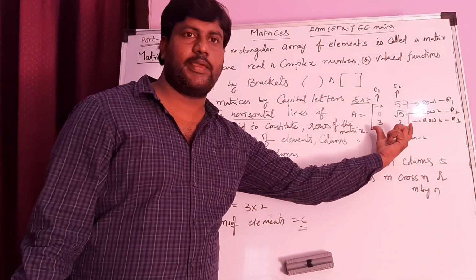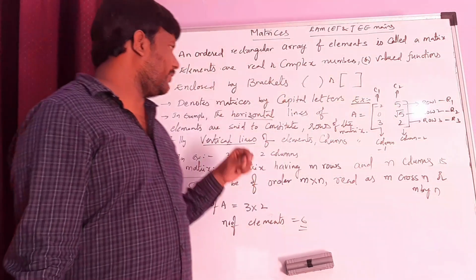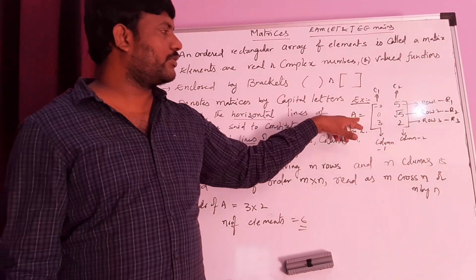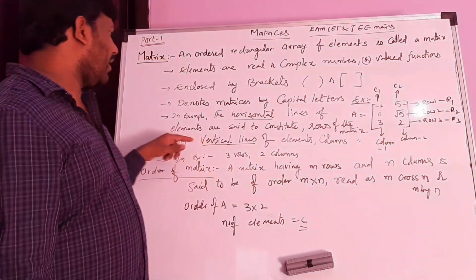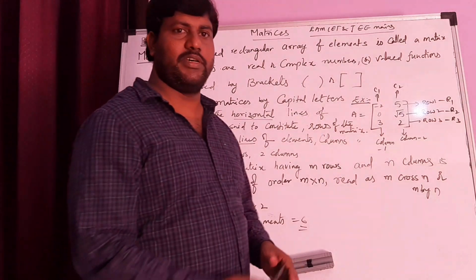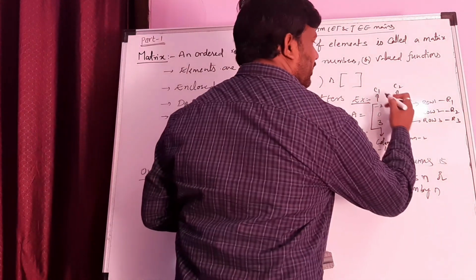In this example you see, you can use other brackets like this or like this, right? Always these matrices are denoted with capital letters, capital A, etc. Okay? And in this example observe the arrangement of elements in the matrix, horizontal and vertical.